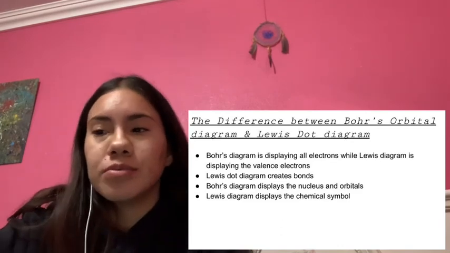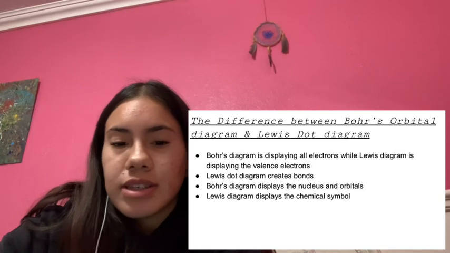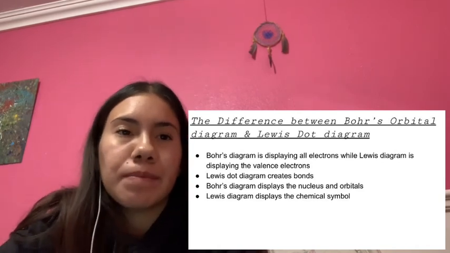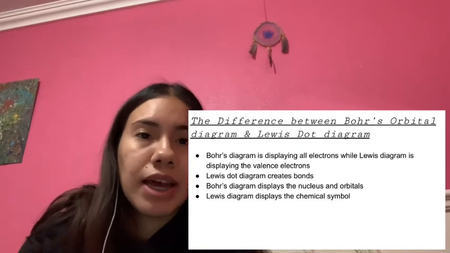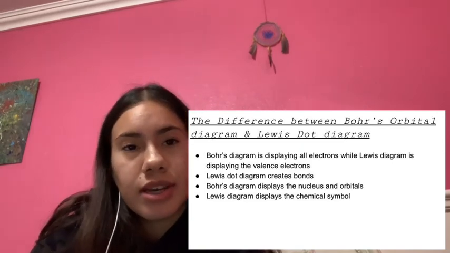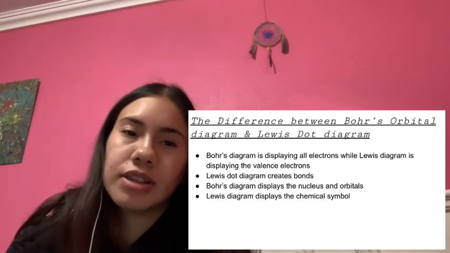So the difference between Bohr's orbital diagram and Lewis dot diagram is that Bohr's diagram is displaying all the electrons that an element has, while the Lewis dot diagram is looking at just the valence electrons, so the electrons in the outer orbital.